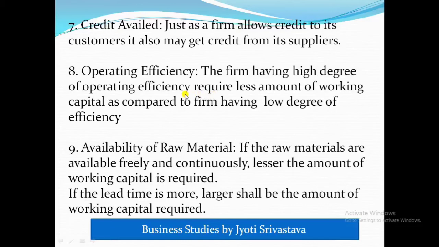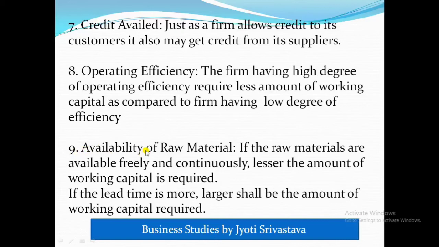When the company is not efficient, there will be more requirement of working capital because wastage will be more. So the efficient company will require less working capital as compared to the less efficient company.